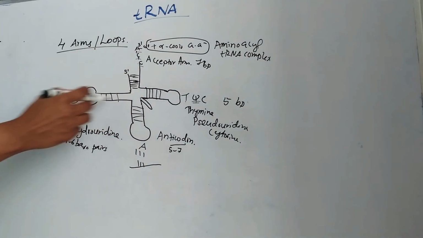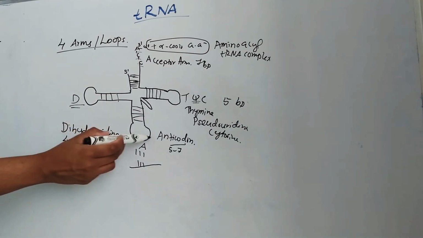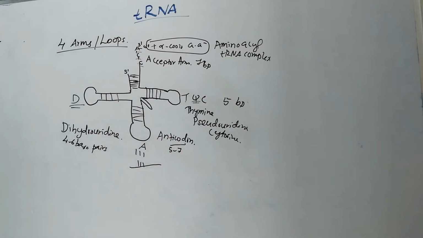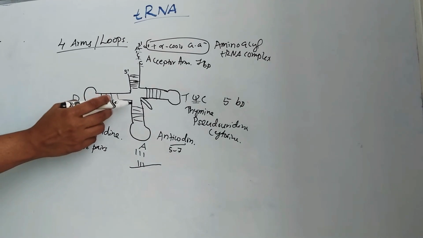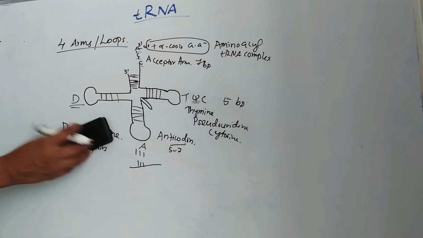So these are the 4 arms or loops of tRNA. There is an extra arm that is known as the variable arm. It is the most variable structure of tRNA and it forms the basis of its classification, mainly class 1 and class 2 tRNA.